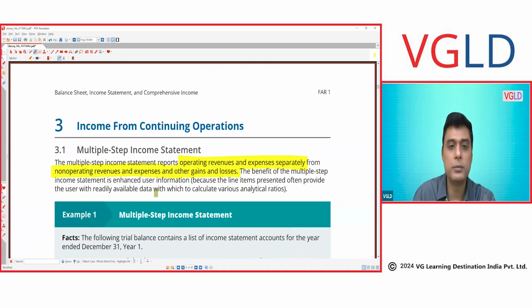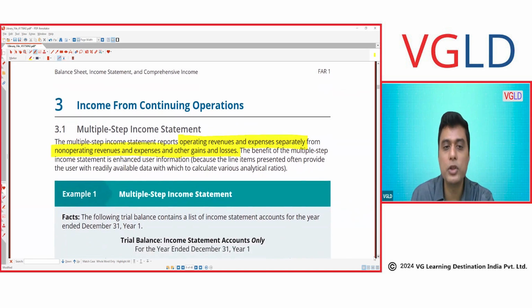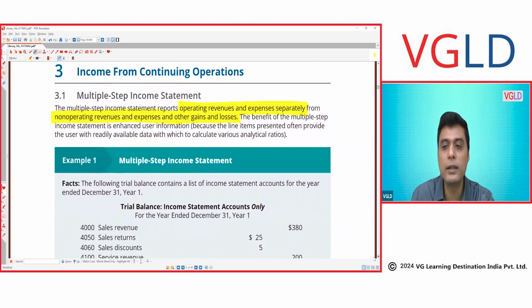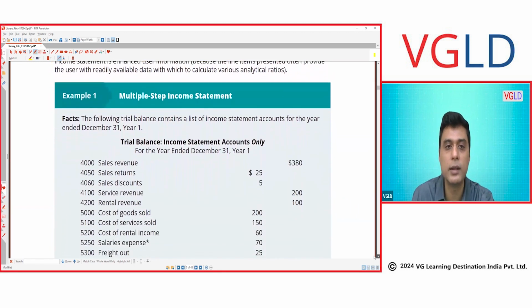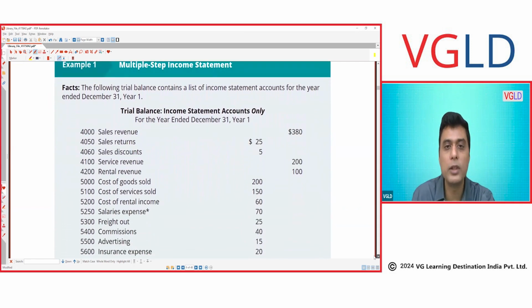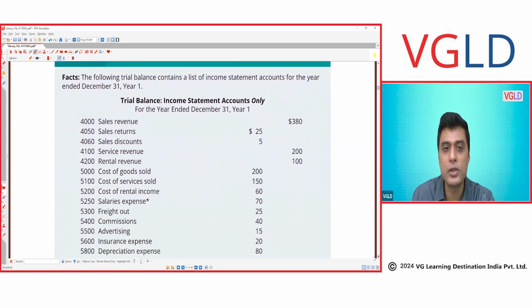The benefit of a multi-step income statement is enhanced user information, because the line items presented often provide the users with readily available data with which to calculate various analytical ratios. So when we do ratios, we will understand how multi-step is more useful in calculating ratios than single step. And this was actually a question, and that was the answer to this question.